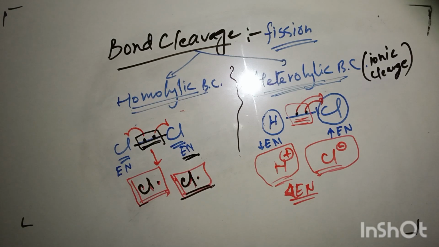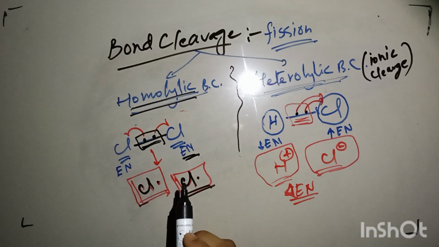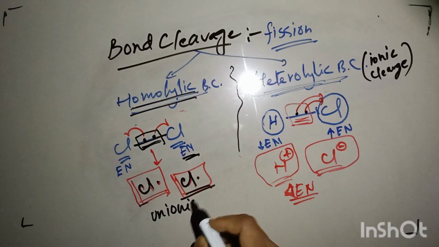So you can write: due to equal distribution of electrons without charge, an unpaired electron species is formed, which is known as a free radical, and the cleavage is known as homolytic cleavage, and it is also called anionic cleavage.